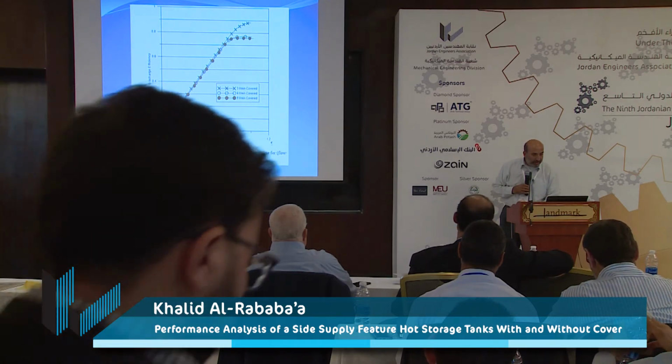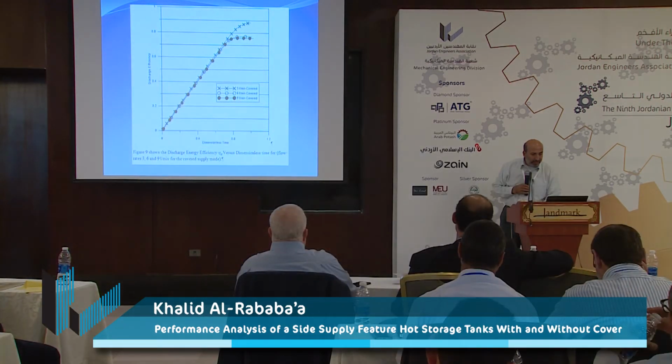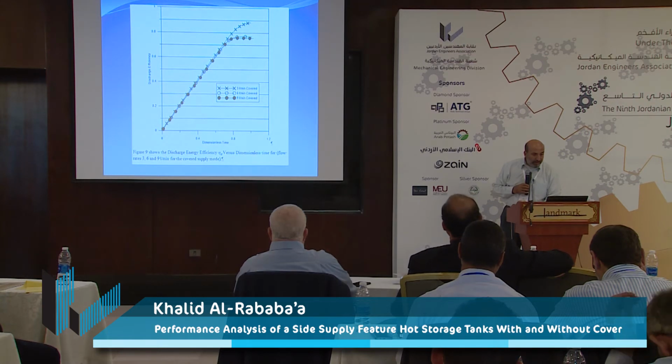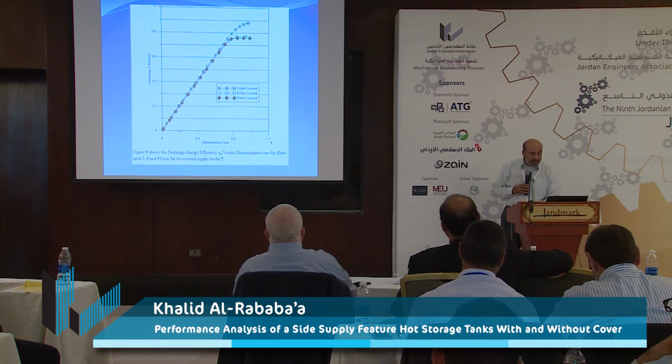The discharge efficiency has a maximum for the low flow rate, but please notice the discharge efficiency for the high flow rates. For the high flow rates, it's approximately 76%. Even at high flow rates, we are achieving a discharge efficiency of 76%.